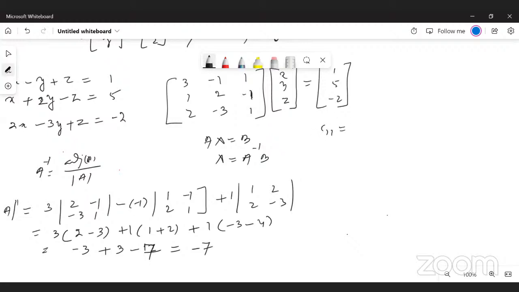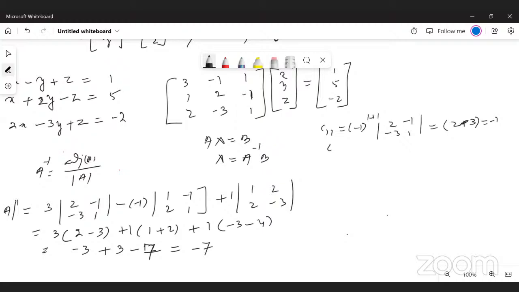Now C11 is nothing but -1 to the power first row first column into (2 minus 3 into minus 1 and 1). So inside it is 2 minus of 3, 2 minus minus 1, which comes to -1.